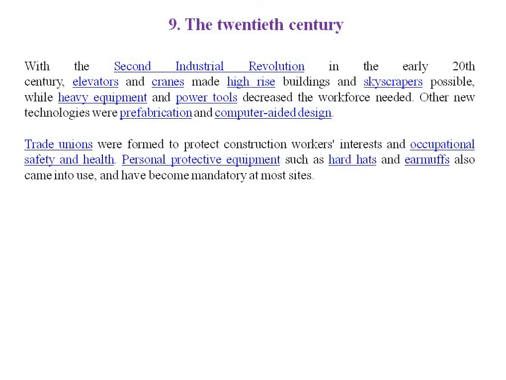Trade unions were formed to protect construction workers' interest and occupational safety and health. Personal protective equipment such as hard hats and earmuffs also came into use and have become mandatory at most sites.